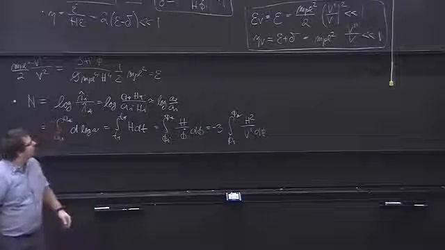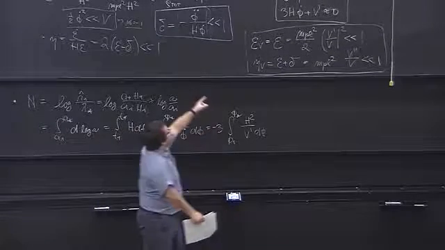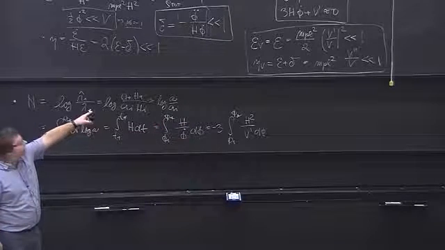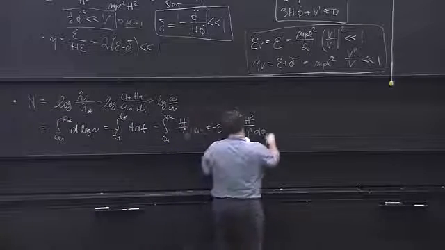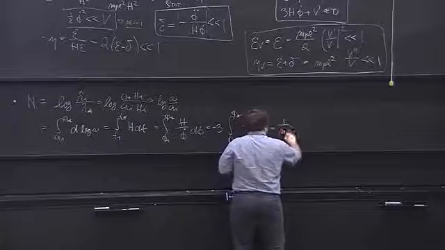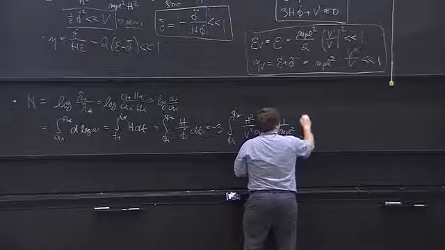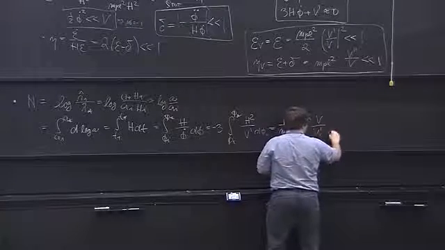And finally, you can eliminate H squared in terms of V from the first slow roll equation. So this is equal to 1 over M_Planck squared times the integral from phi_i to phi_star of V over V prime d phi.